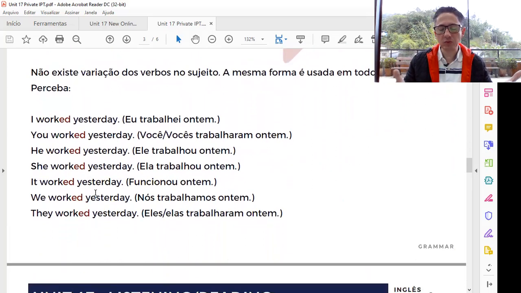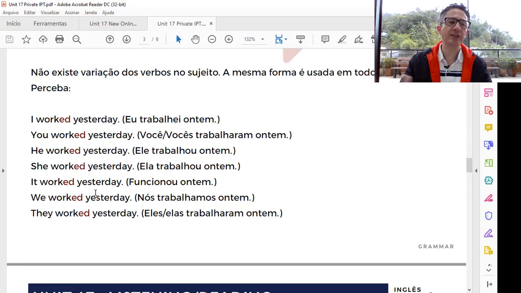You just, when you are using the past, you need to know the form of the verb and then use it. For example, here, I worked yesterday. Eu trabalhei ontem, right? You worked yesterday. Repeat, you worked yesterday. He worked yesterday.